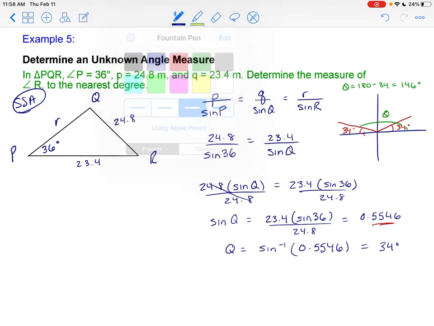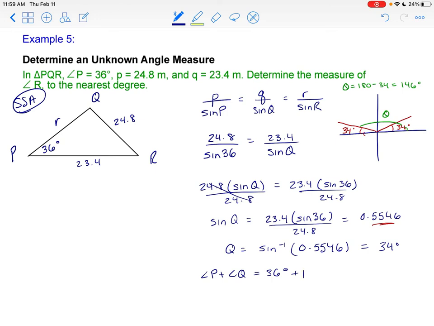But since angle P, which we know, plus angle Q, if we were to add those together, we would get 36 degrees plus 146 degrees, if we use the larger one, that would give us a measure of 182.